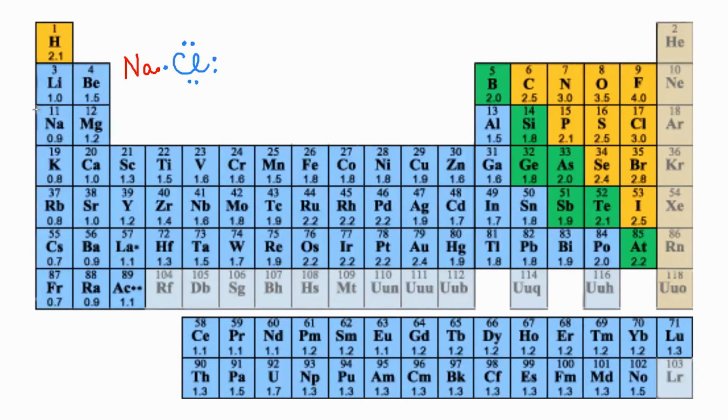We have sodium over here on the left-hand side, and we have chlorine on the right-hand side. Because chlorine is farther to the right, we already know that it's going to be more electronegative, but let's also go ahead and look at the electronegativity values. So for chlorine, the electronegativity value is 3.0, and for sodium it is 0.9. So let me go ahead and write that down.